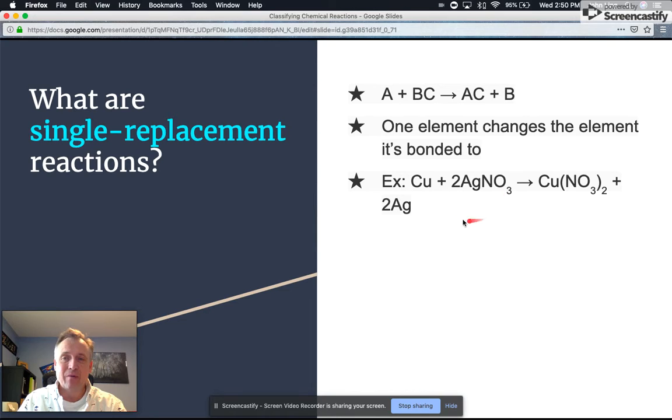This NO3 group has popped off and has bonded with the copper to form, I think this is called cupric nitrate, which is kind of a weird term. But at any rate, it's switched places. So the NO3 has gone from the silver to the copper, and then the silver is left all by itself. Poor silver. All right, so that's a single replacement. Only one exchange has happened, right?